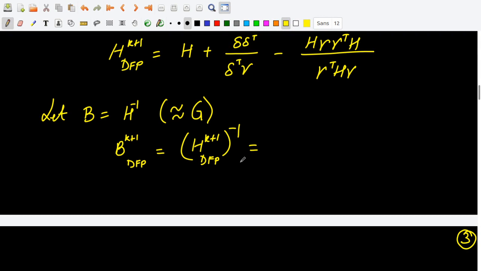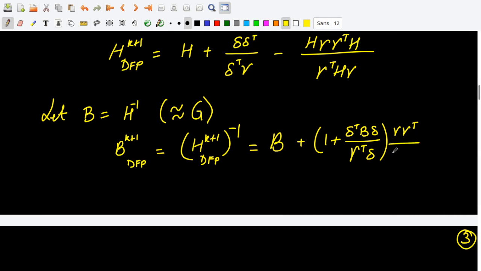And with a little bit of thought and cross-checking, you can verify that at least for DFP, we get B plus (1 plus delta transpose B delta upon gamma transpose delta) times gamma gamma transpose by gamma transpose delta, minus (gamma delta transpose B plus B delta gamma transpose) upon gamma transpose delta.